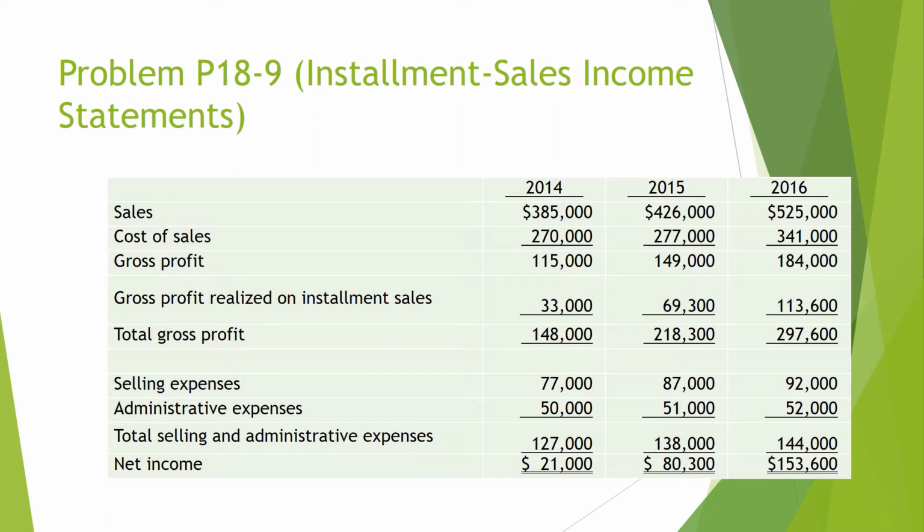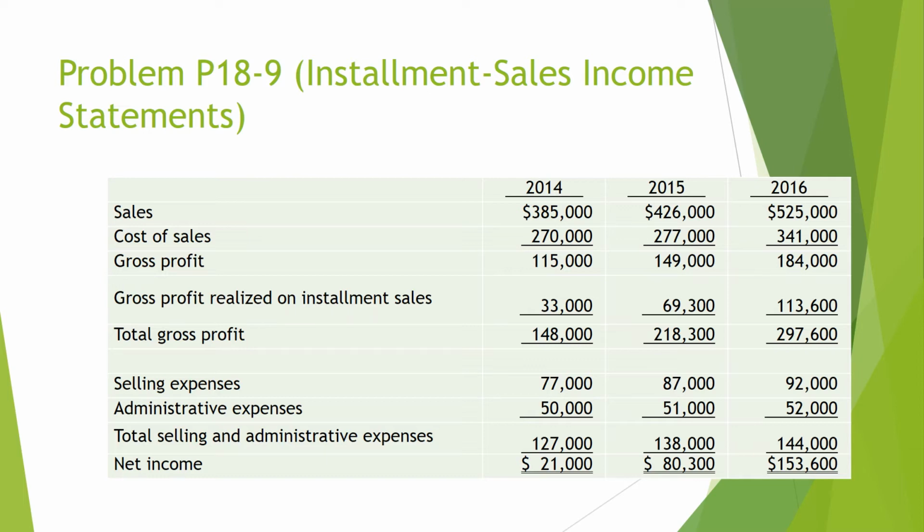After that, we add the gross profit realized on installment sales, which is $113,600, and now the total gross profit is $297,600.